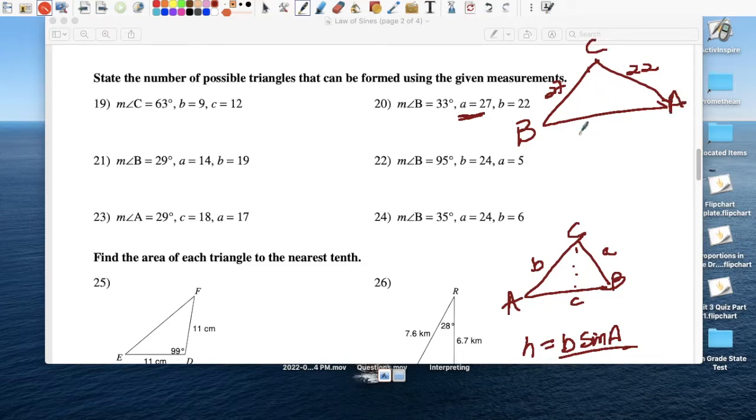And you'll do the same thing. So if you think about it, height is going to be b, and in this case b in this triangle is 27, and then sine of whatever that was, 33 degrees. Same position, just different letters.